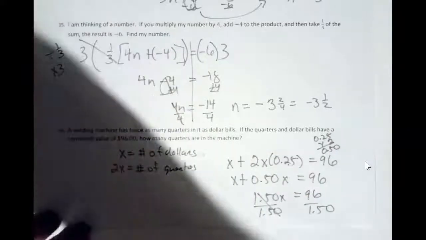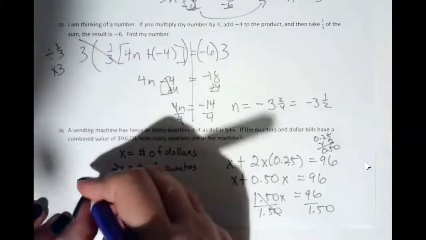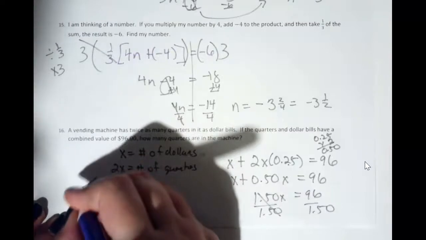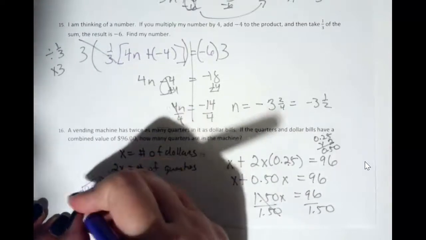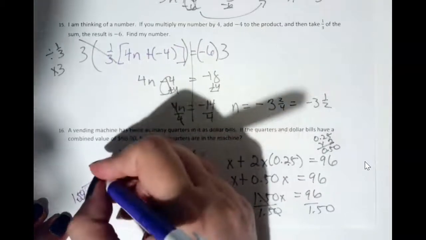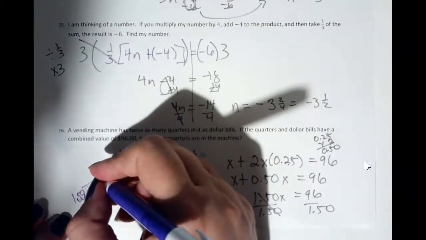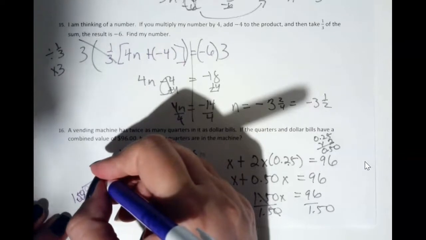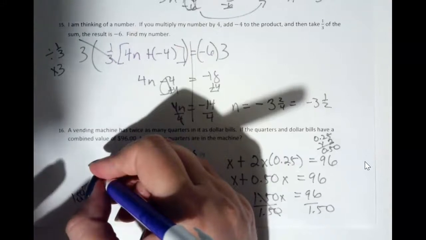Do some side work. What have I got? 96 divided by $1.50. 15, 30, 45, 90. Okay, I think that's going to be 6.